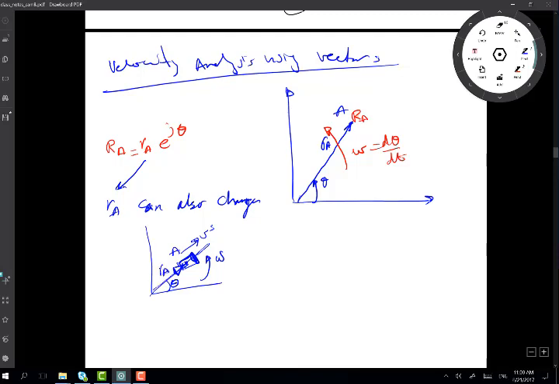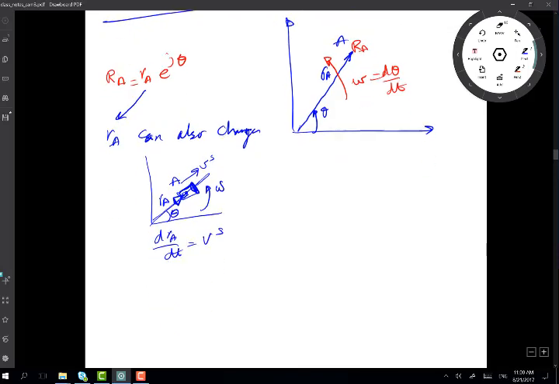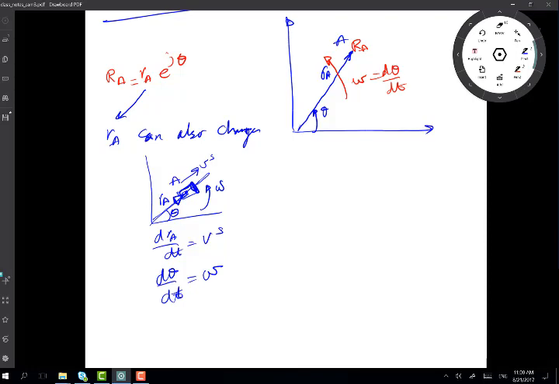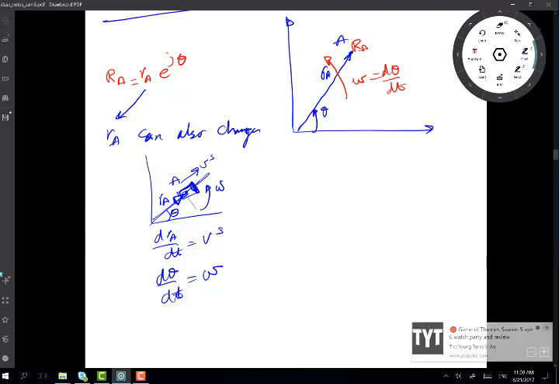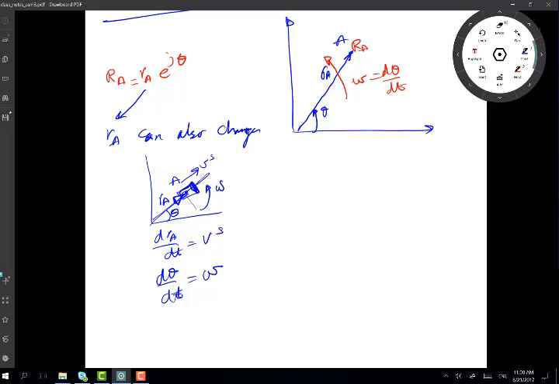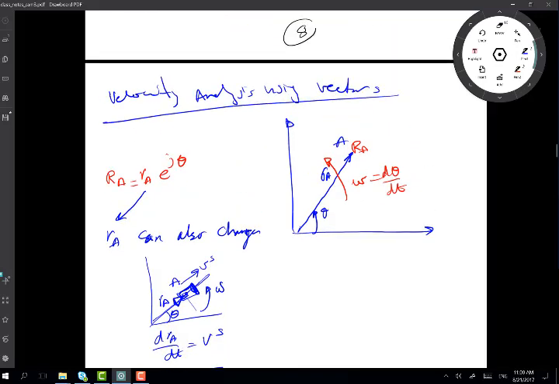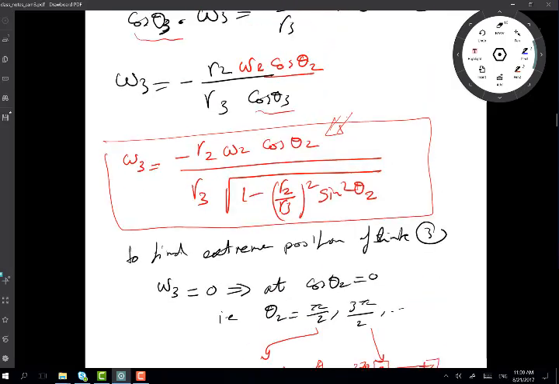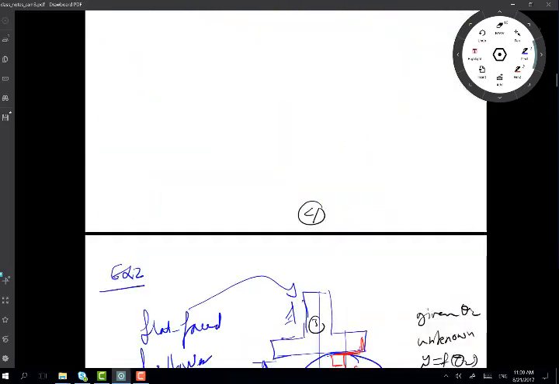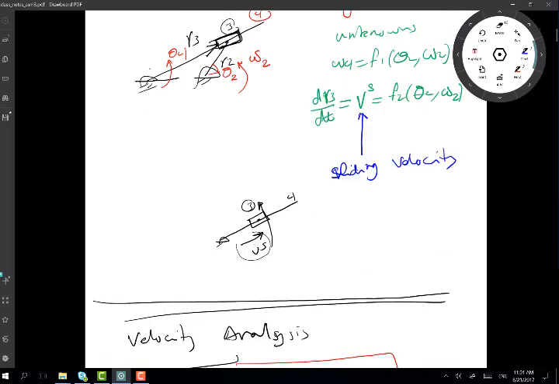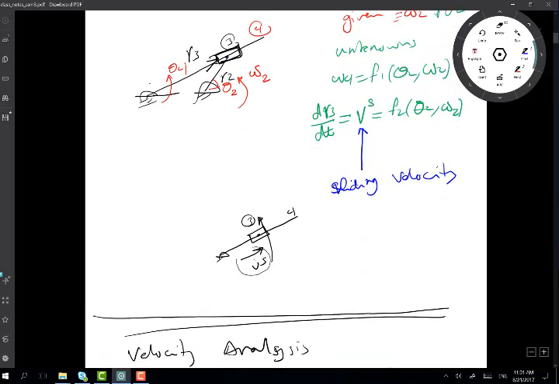So in this case, dRA/dt is the sliding velocity, and d theta/dt is my omega. So I can take the most general case, because I see these situations in my linkages where sliding occurs on a link that rotates, similar to the example I gave you earlier, like this linkage right here.